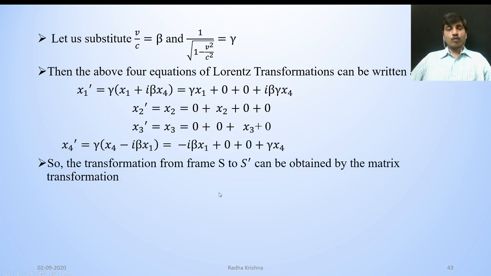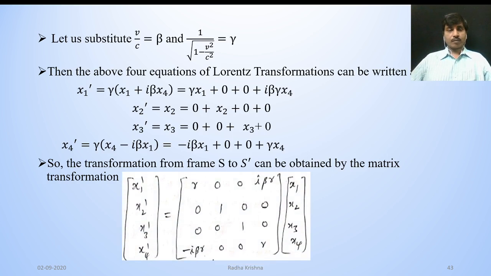So the transformation from S to S dash can be obtained by the matrix transformation as x1 dash, x2 dash, x3 dash, x4 dash, a 4 by 1 matrix, is equal to the 4 by 4 matrix: gamma 0 0 i beta gamma; 0 1 0 0; 0 0 1 0; minus i beta gamma 0 0 gamma, into x1, x2, x3, x4, a 4 by 1 matrix.